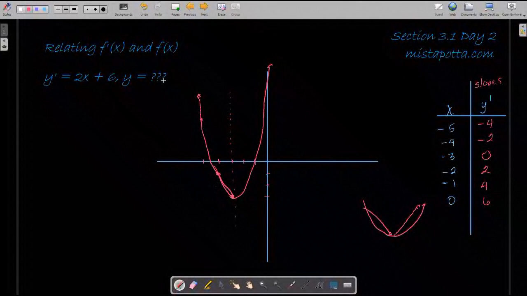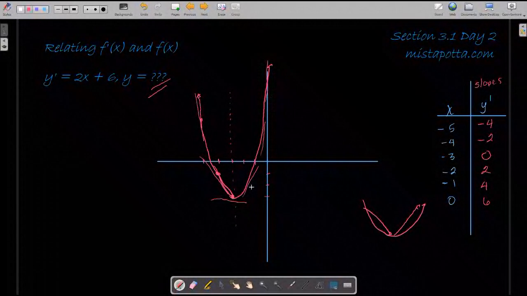Of course, at this point, I don't know what this function is. All I know is that the tangent lines go from having a slope of negative 4 to a slope of negative 2 to a slope of 0 to a slope of positive 2, positive 4, and positive 6.